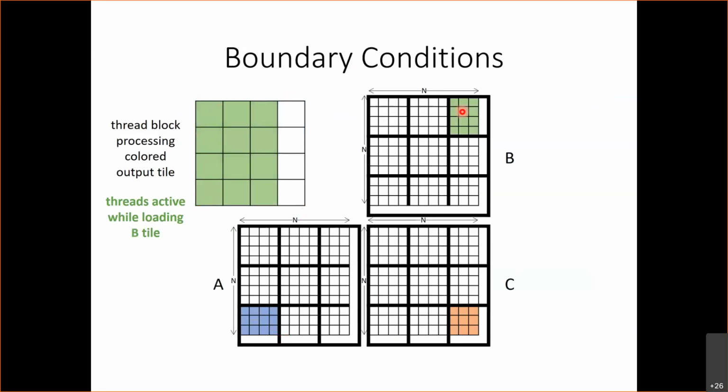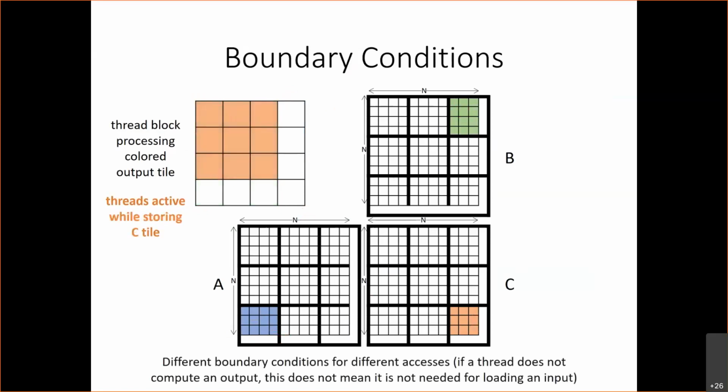And then when I compute the output element and store it, these are the threads that are going to be active when performing the dot products and storing the result. What that means is that we have different boundary conditions for loading the input tiles, and for computing and storing the result.